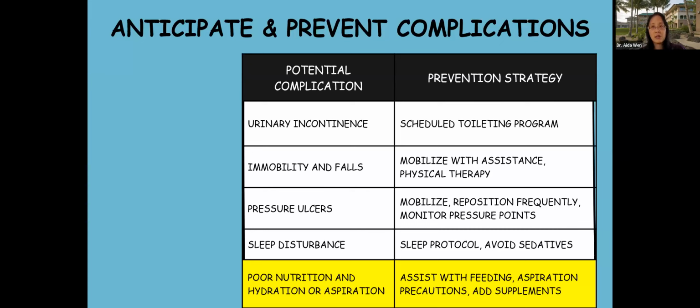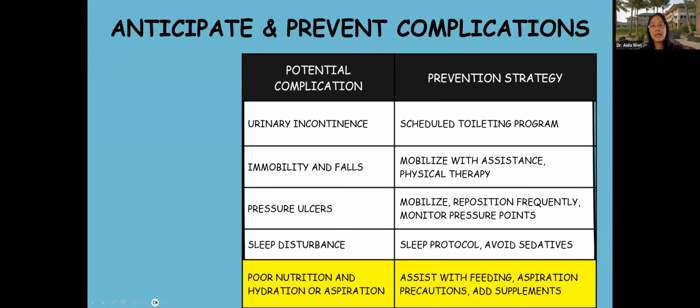You may need to assist with feeding or provide cueing, and then aspiration precautions, because they may not chew completely and try to swallow, or eat too quickly, or pocket foods in their cheeks. I've seen folks pocketing foods and liquids in their cheeks. They forgot to chew, and then they take the next bite, and the next bite, and they're stuffing their mouth, and then they aspirate, and food goes into the lungs and they get pneumonia.